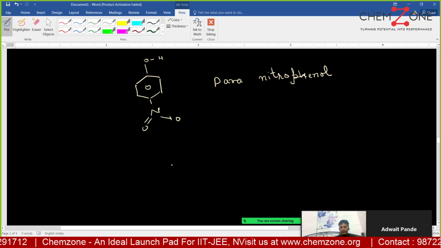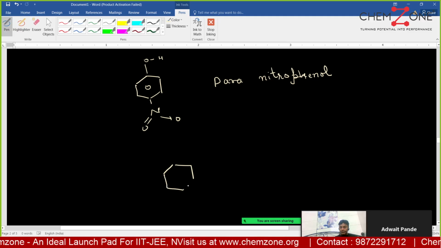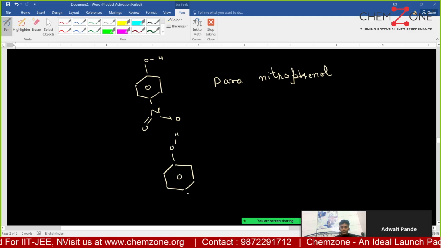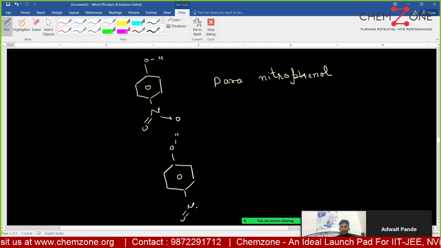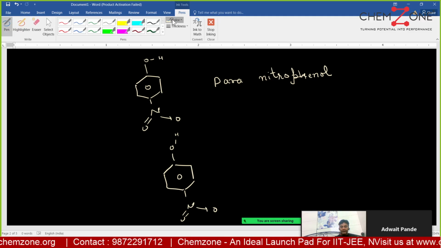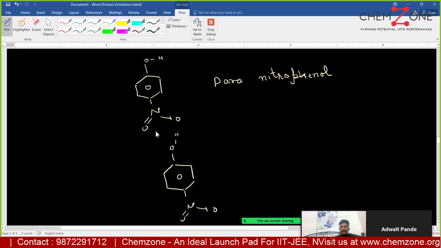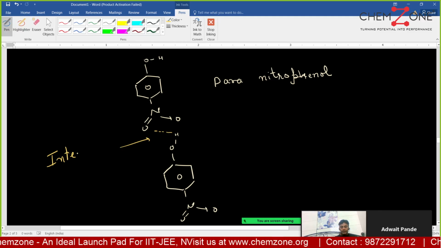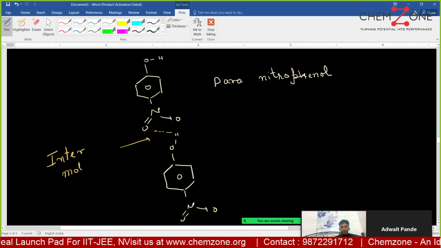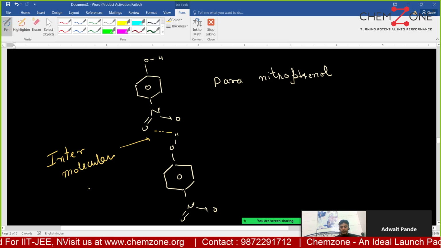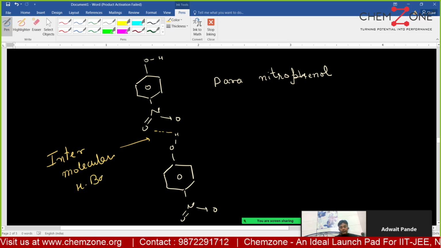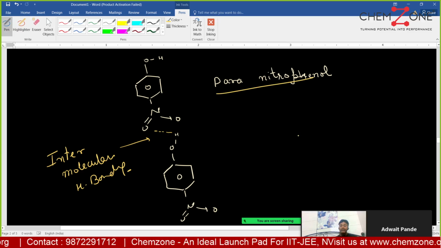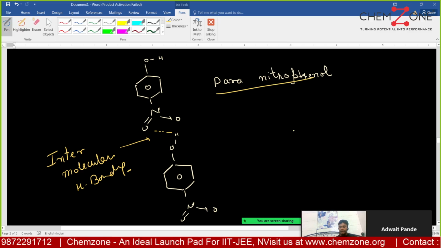Now I have another molecule, this is also paranitrophenol, right? Between these two molecules, there is an intermolecular hydrogen bonding. Can you see that? In case of paranitrophenol, there is an intermolecular hydrogen bonding, right?